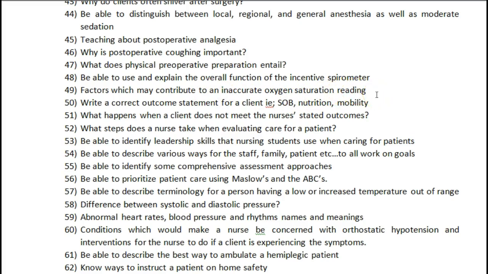We already said things about inaccurate O2 stats. If a person is anemic, has poor circulation, or has nail polish on, that's going to show.